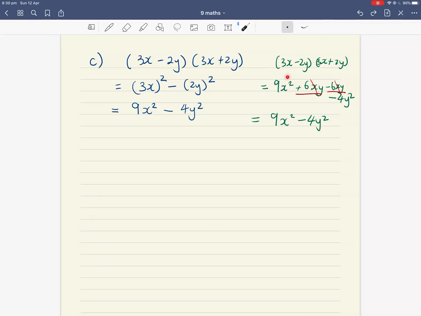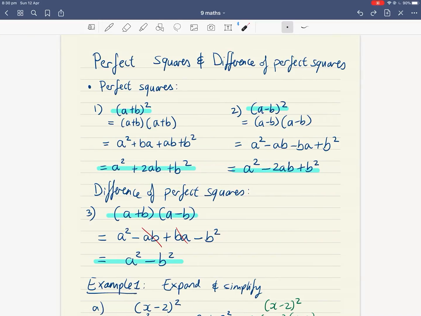As long as you know how to expand brackets using FOIL, last lesson's method, then you're good for your Year 9 exam. But you really should try your best to memorize, or to recognize, these three patterns. Number one, your perfect squares, a plus b all squared. It gives you first thing squared plus 2 lots of the first thing times the second thing plus your second thing all squared.